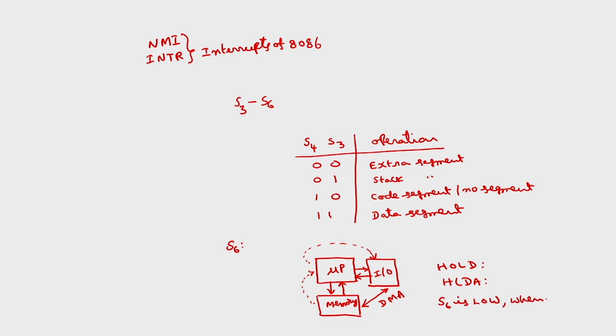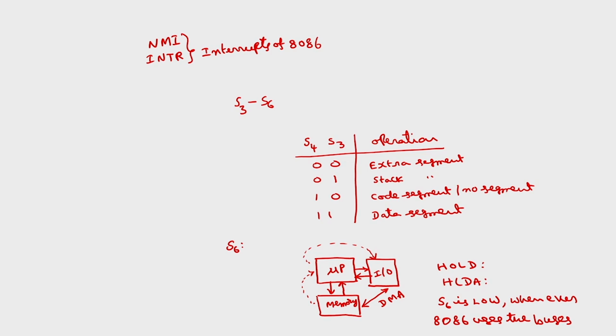Whenever the microprocessor 8086 uses the buses, it can use them for performing its own operations.